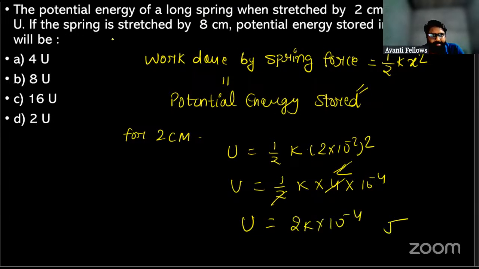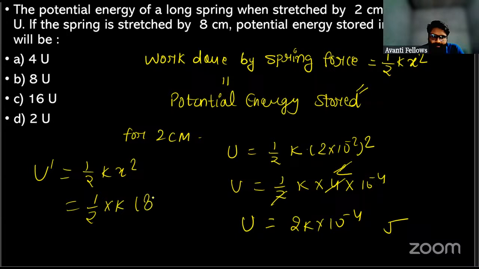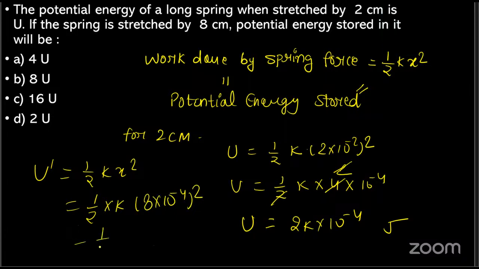Now, when it is stretched by 8 centimeter, U dash will become 1 by 2 times K x square, where x is 8 into 10 raised to the power minus 2, squared. Now 1 by 2, put the value, K into 64 into 10 raised to the power minus 4.